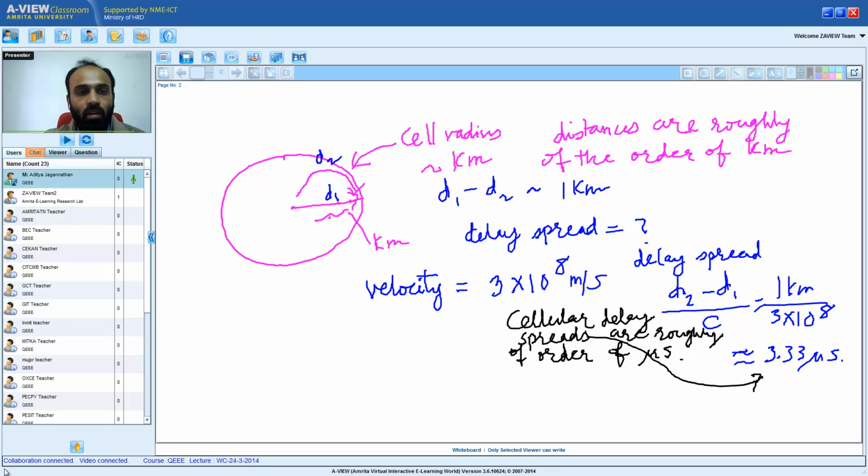The other thing that I wanted to point out was how to measure this delay spread. We said one simple way to measure the delay spread is the following.